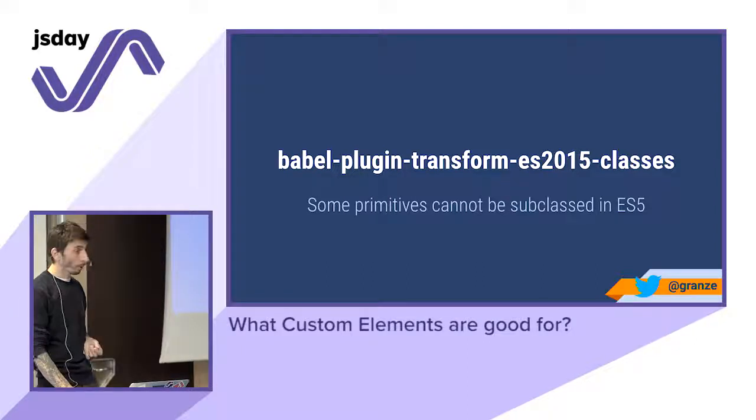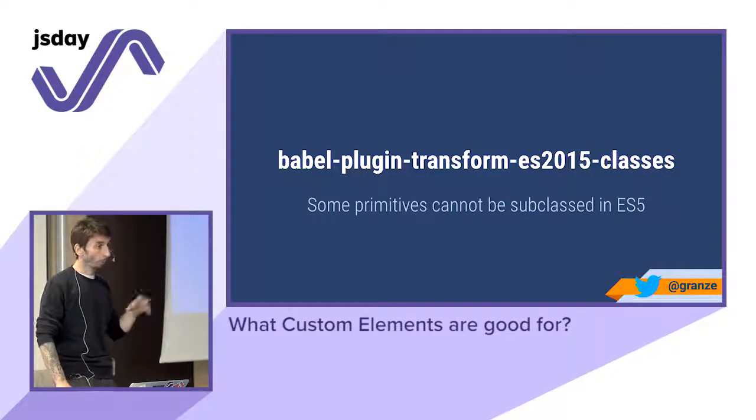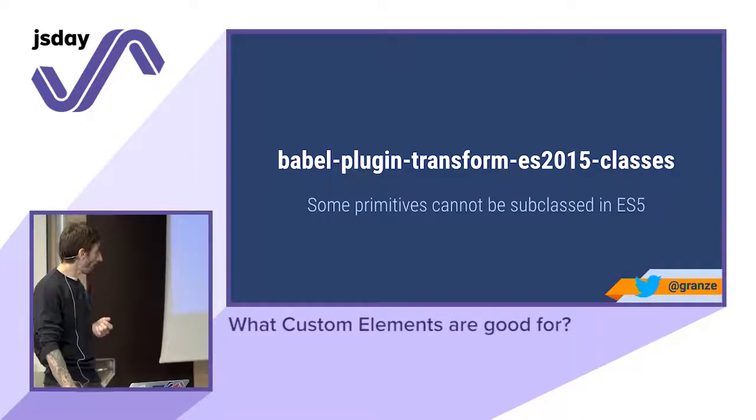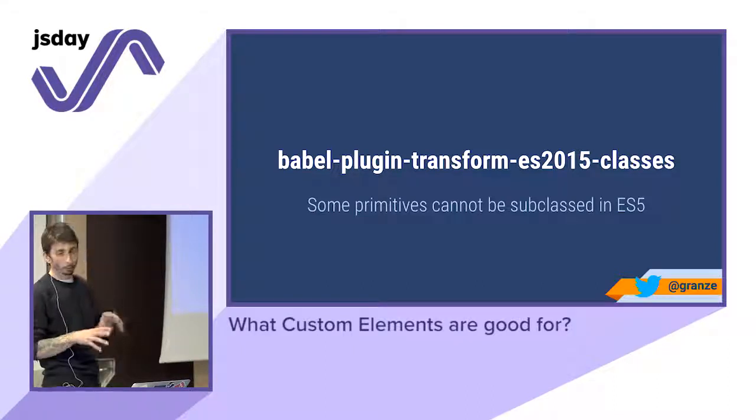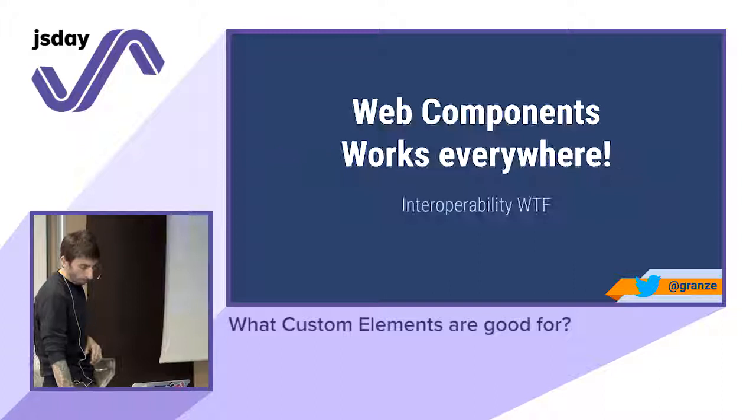If you use the polyfill, all will go really well, but if the element is natively implemented in the browser and you transpile your ES6 to ES5, you will get an error. So this plugin will save your life because under the hood it fixes all of that for you.